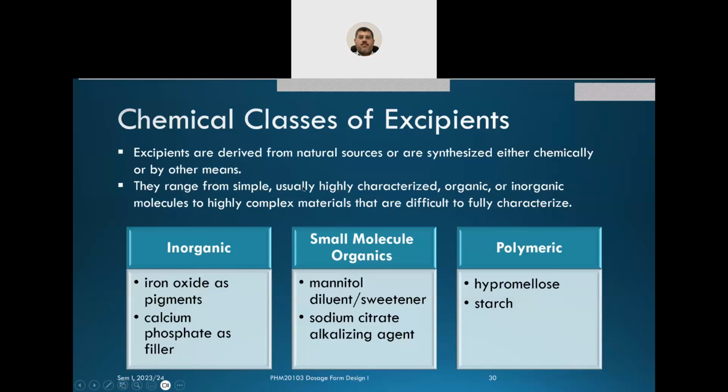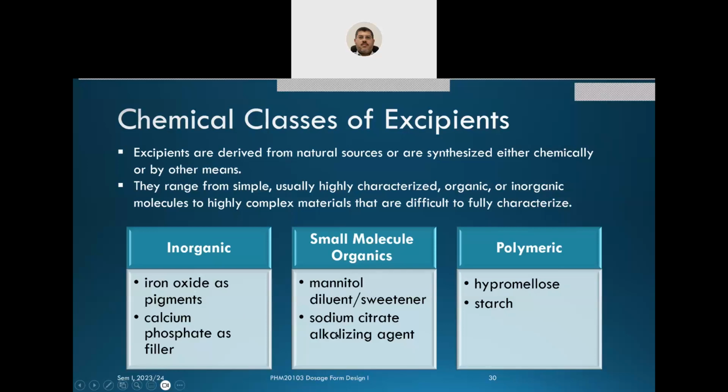They range from simple, usually highly characterized organic or inorganic molecules to highly complex materials that are difficult to fully characterize, which are polymers. Usually polymers are highly complex materials and difficult to fully characterize. So inorganic, like some iron oxide as a pigment, calcium phosphate as a filler. Organic, same like mannitol, sorbitol, sucrose, glycerine.